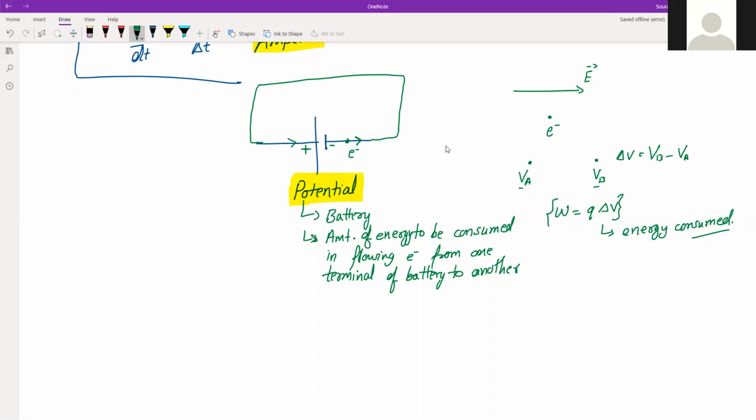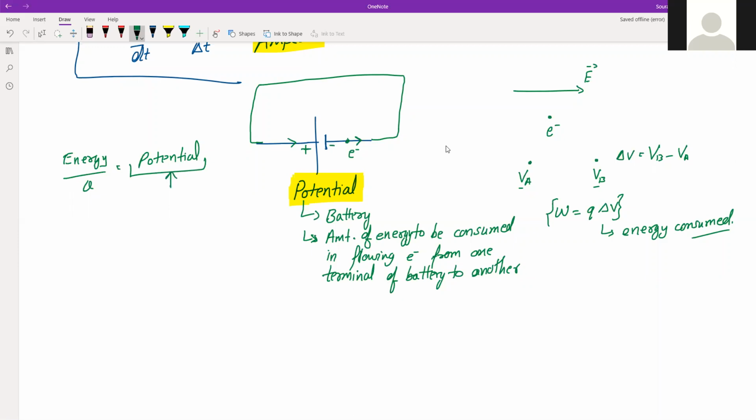The electron is leaving from the negative terminal and reaching the positive terminal. Obviously some amount of work has to be done. That energy it must take from somewhere, and the battery supplies that energy, right? And energy per unit charge is nothing but potential. So the energy which the battery is going to supply, we calculate in terms of potential.